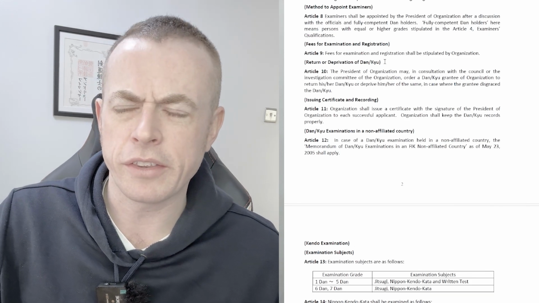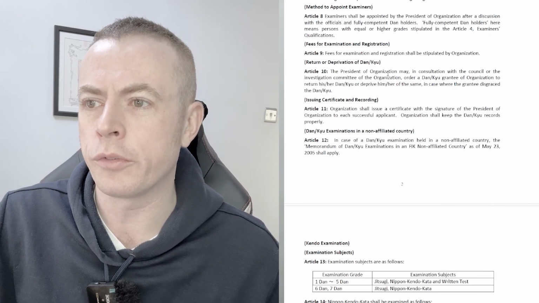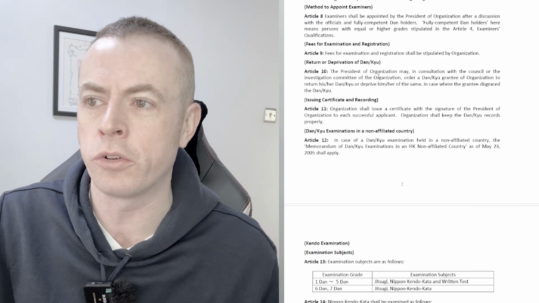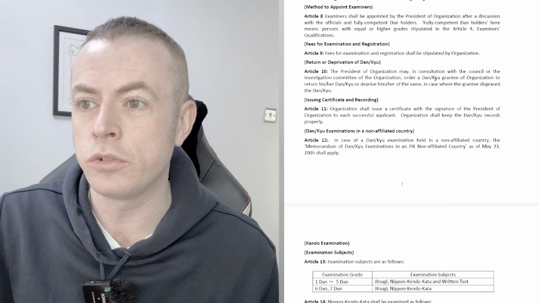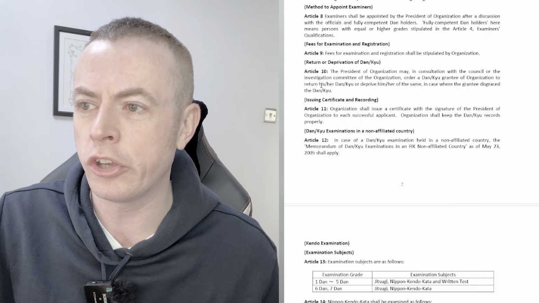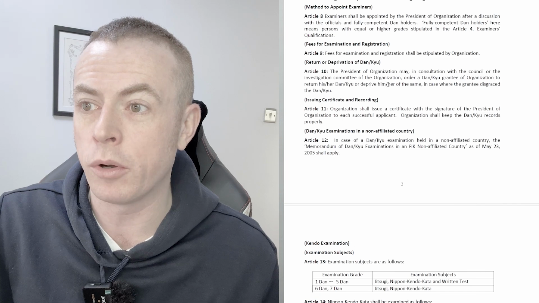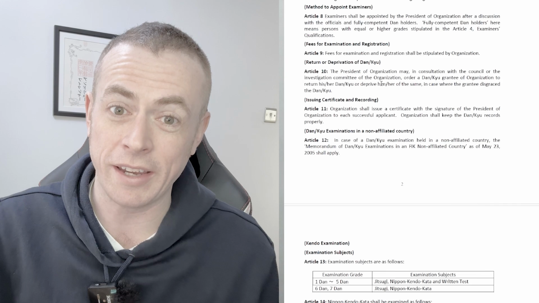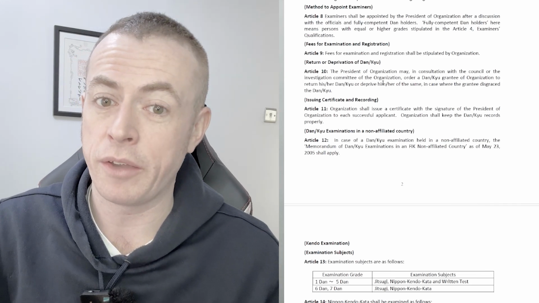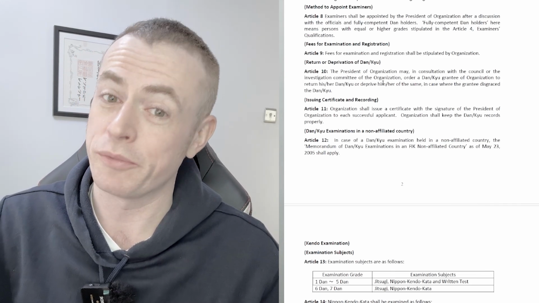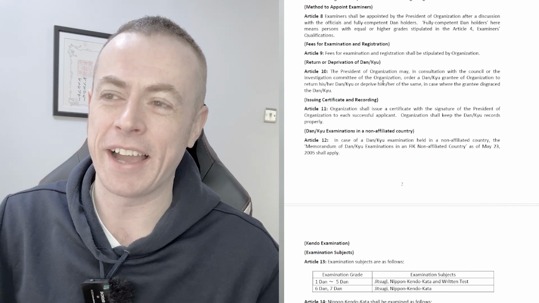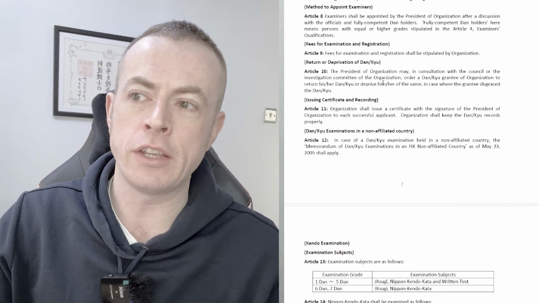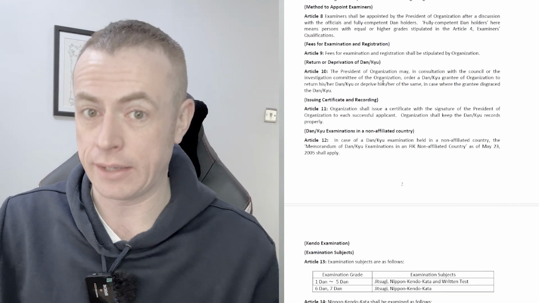This is something that doesn't come up much, but the president of an organisation may, in consultation with the council or investigation committee of that organisation, order a Dan or Q grantee of the organisation to return his or her Dan or Q, or deprive him of the same, in a case where the grantee disgraced the Dan or Q. So what they're saying is even if you pass the exam, if you do something really bad that disgraces the Dan grade you're supposed to represent, then your organisation has the power to take it away from you. Okay.